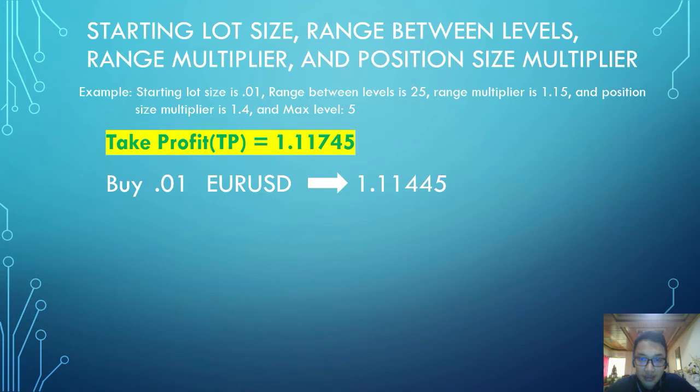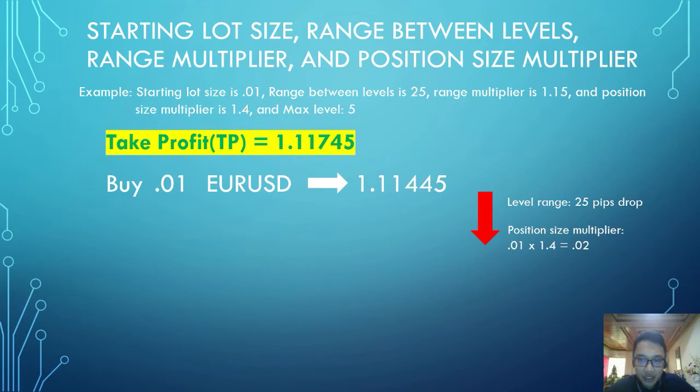Let's say the price dropped around 25 pips. When the price drops 25 pips from the current price, that's 44 minus 25, the robot will order another lot which is higher than the first one. That's the use of the position size multiplier.